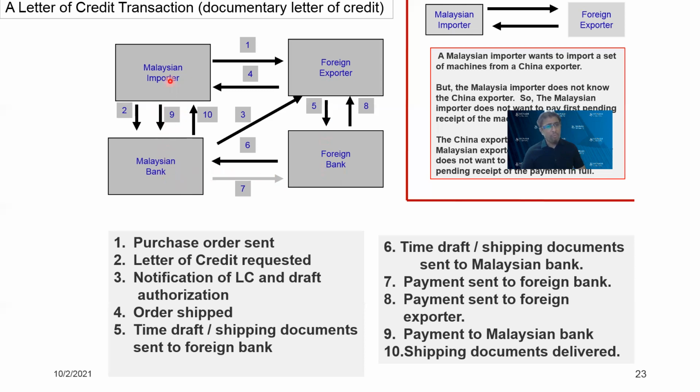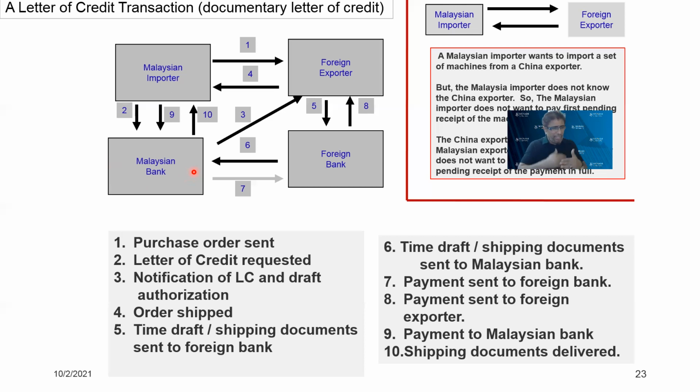And why does the Malaysian importer have to pay? Because he cannot receive the documents. If you go to the port and you want to take your cargo, they will not allow you unless you have all these documents, the bill of lading, the packing list, and a stamp from the bank that you have already settled and everything.